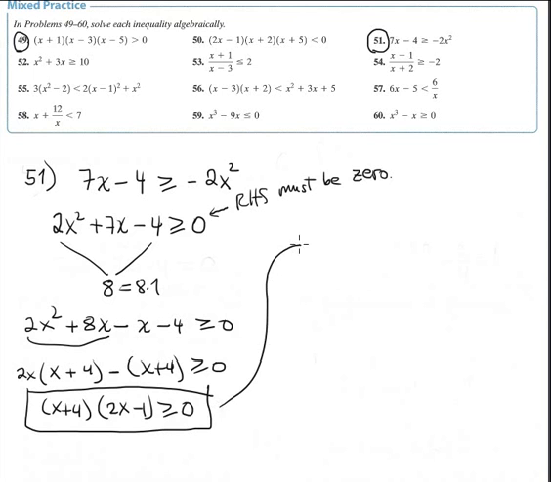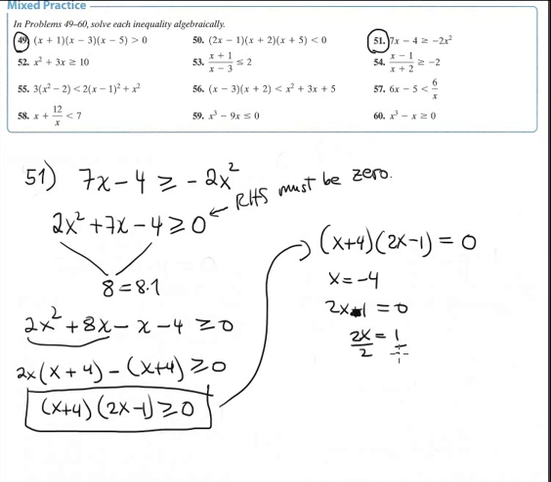Of course, the critical value is found when you put the equation. So you convert this for a second into an equation and you determine the 0. It's obvious that the 0 is x equal to minus 4 and the other is 2x minus 1 equal to 0, so 2x equals 1, x equals 1/2 positive.